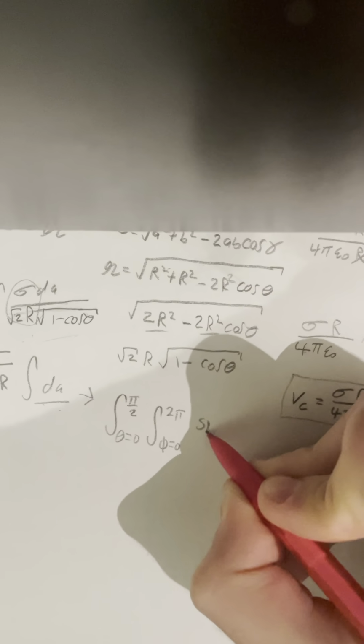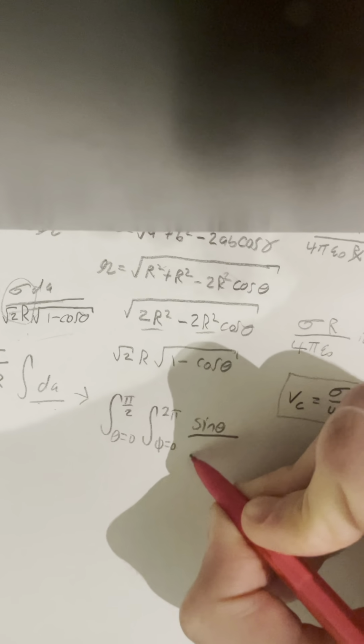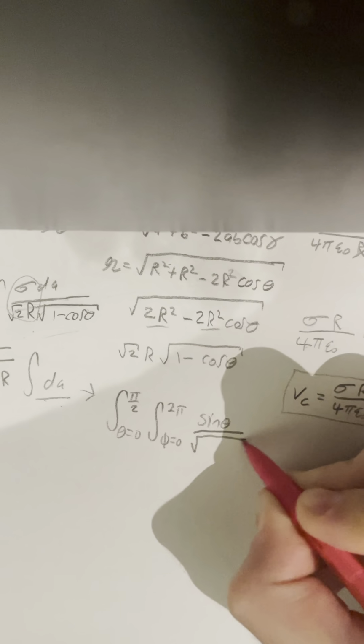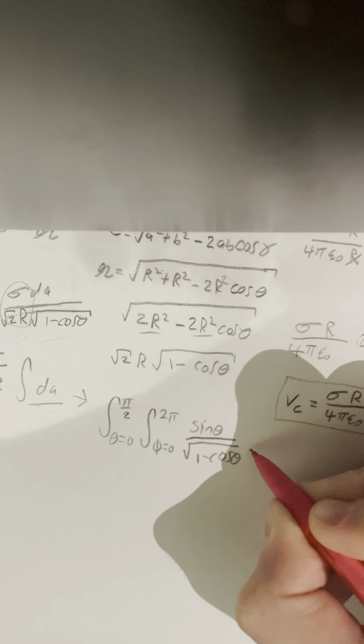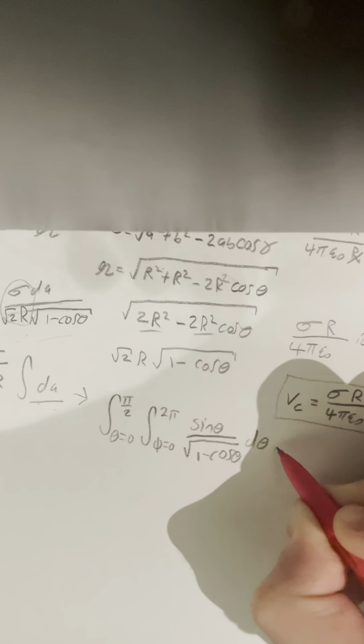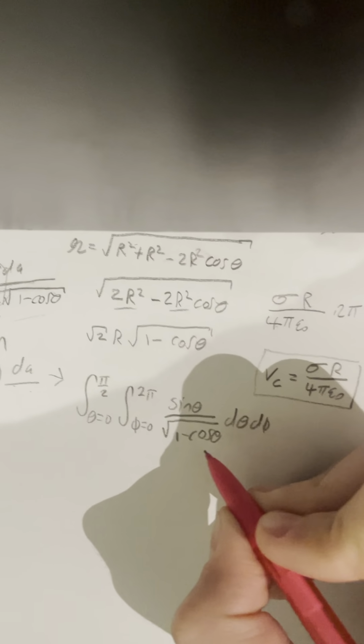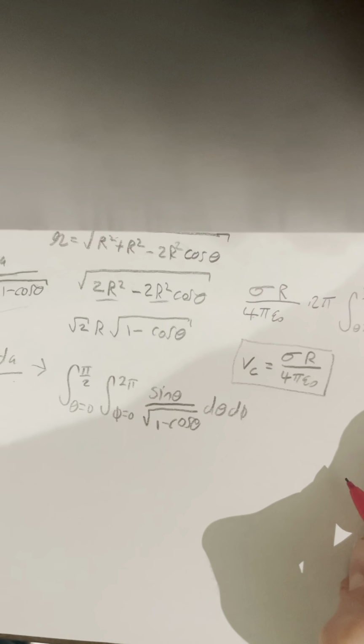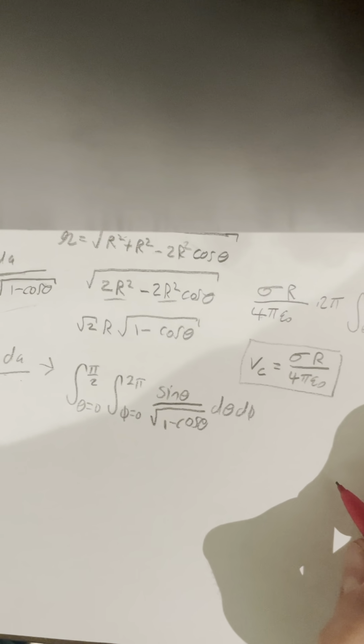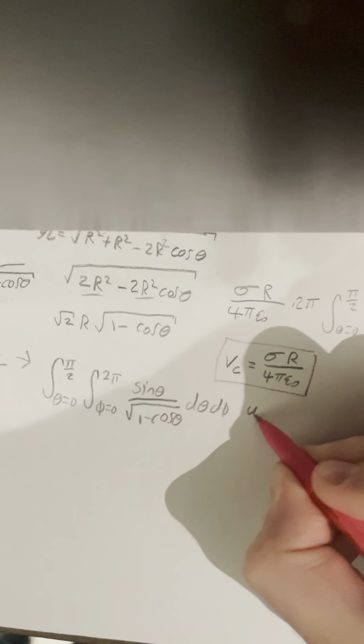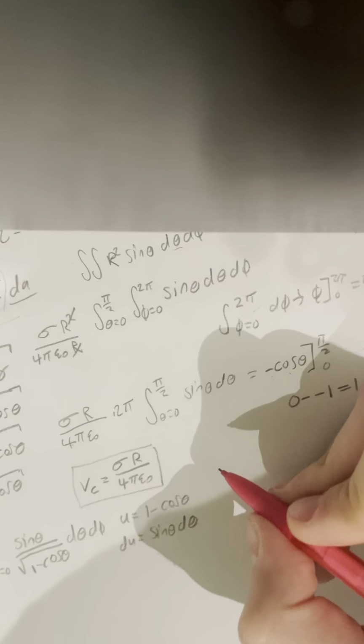And so we should have sine theta over square root of 1 minus cosine theta, d theta d phi. If you look at it, it should be pretty blatant that we're going to have to do a u substitution, with u equal to 1 minus cosine theta and du equals sine theta d theta. And so if we do that, what we're left with is the following.